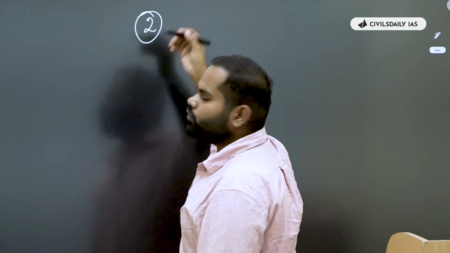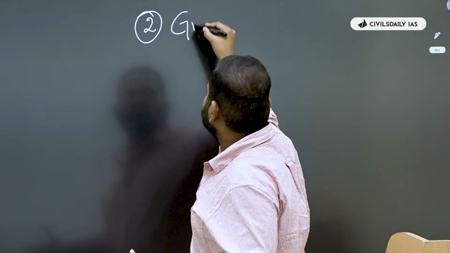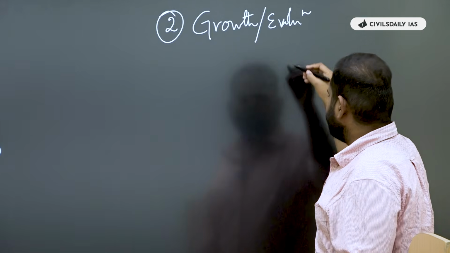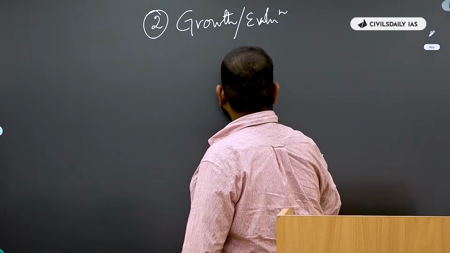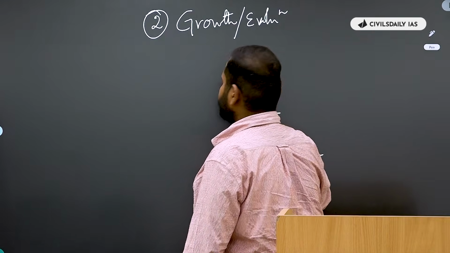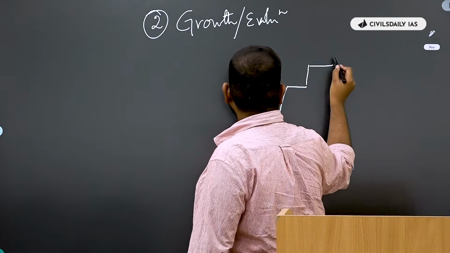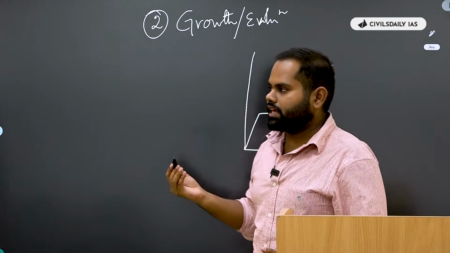So the second construct that we would discuss is, for example, when it's about growth or evolution, a couple of diagrams for this. So let's say there's a diagram where you're showing there's growth and then stagnancy for some time where you are in that zone, and then again you grow, and so on and so forth. So for example, you have to show kindness as a virtue.